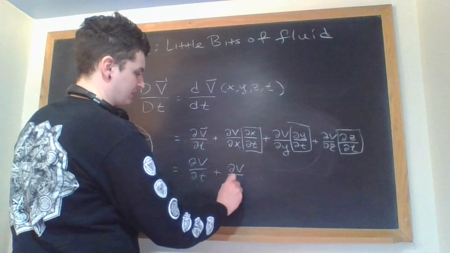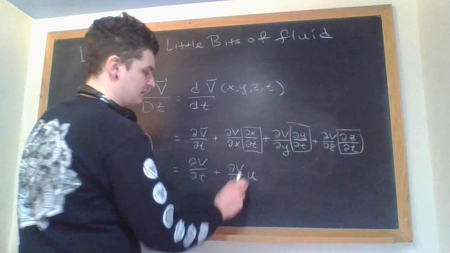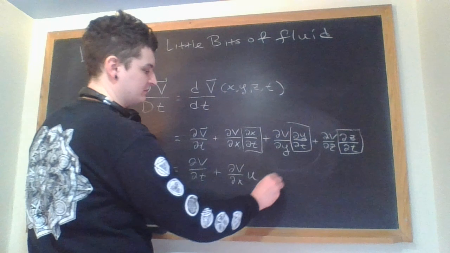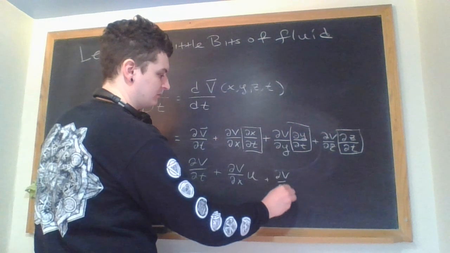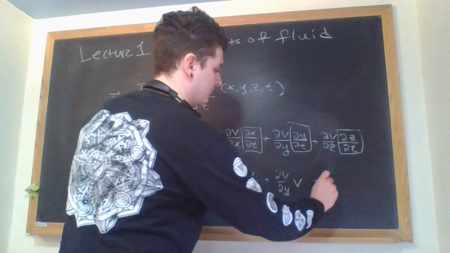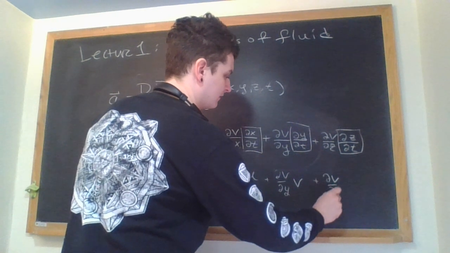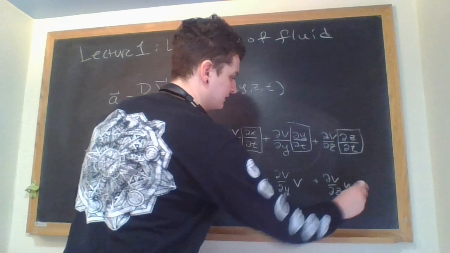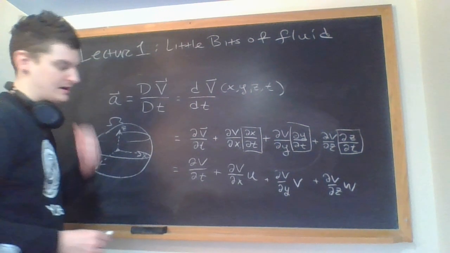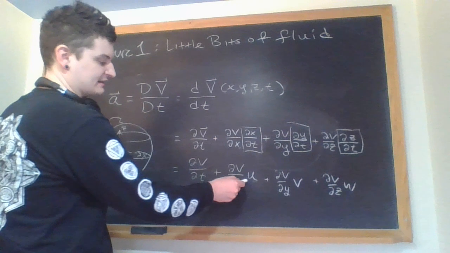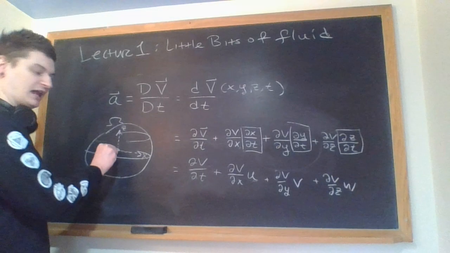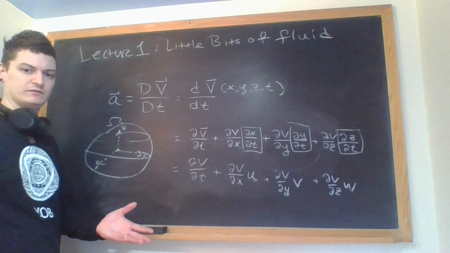So we just rewrite them like this. dx/dt is a velocity, so we call this one u, we call this one v, and we call this one w. This is the x component of velocity, the y component of velocity, and the z component of velocity at a given point for every point in the fluid.